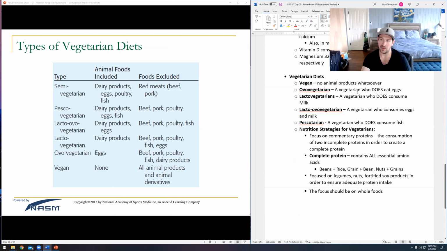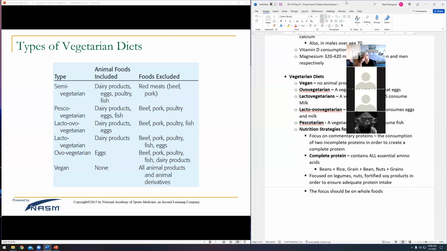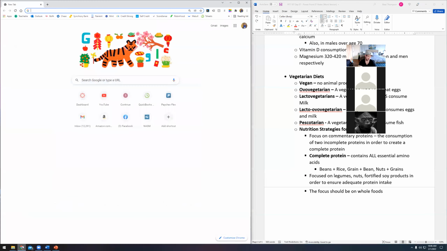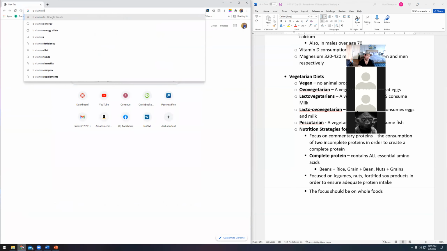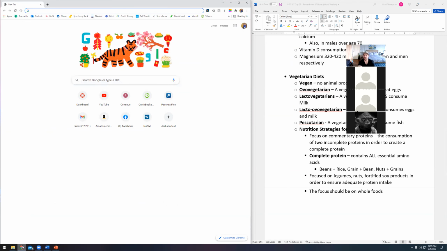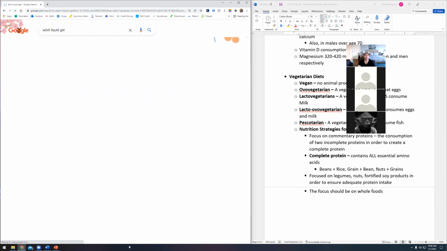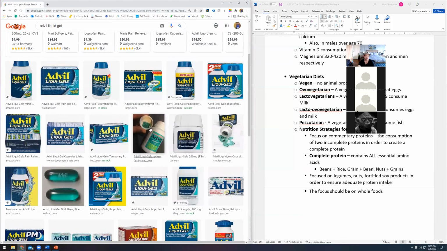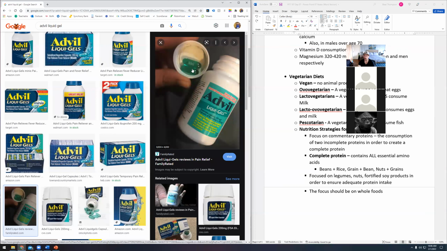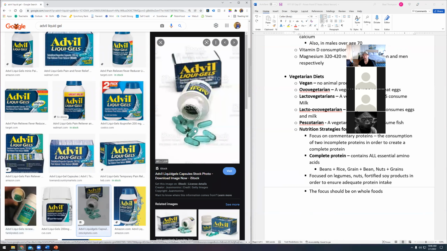They don't even take, let's say they have a B vitamin, actually, you know what? Let's say Advil liquid gels. You guys know there's sort of two different types of pills, right? There's the hard pills, and then there's these little liquid gel things, right? So a vegan can't take these, because the gel capsule is made out of animal fat.